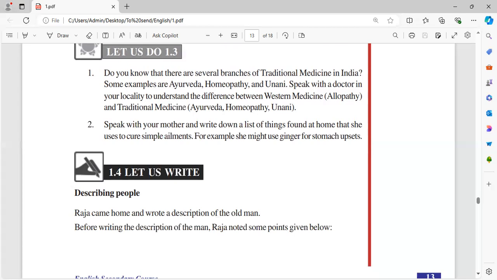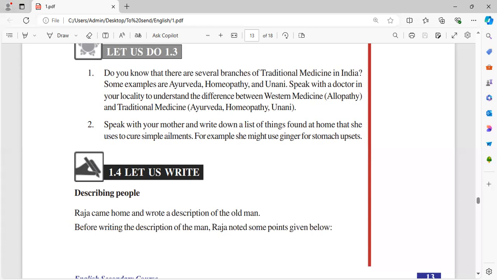Do you know that there are several branches of traditional medicine in India? Some examples are Ayurveda, homeopathy, Unani.